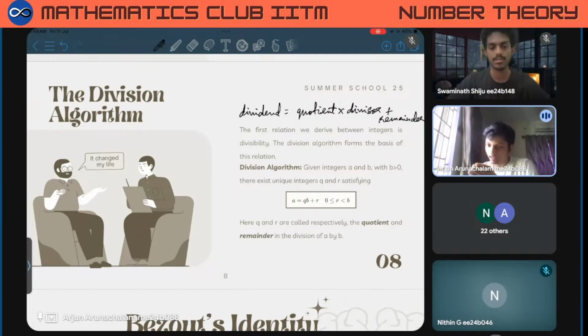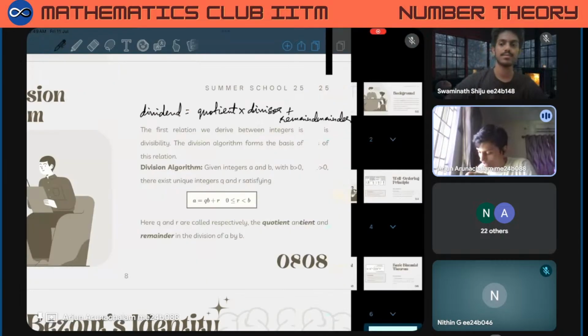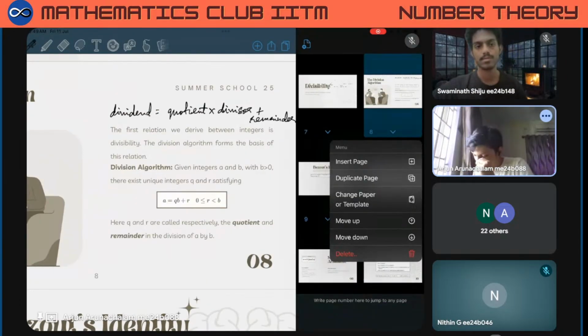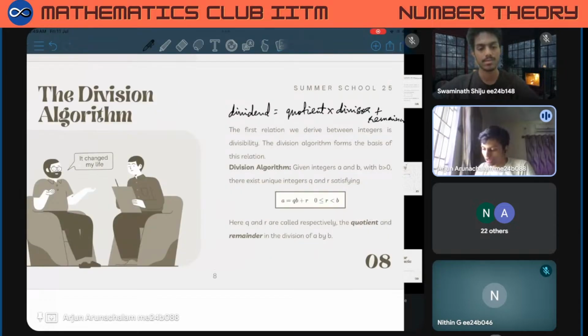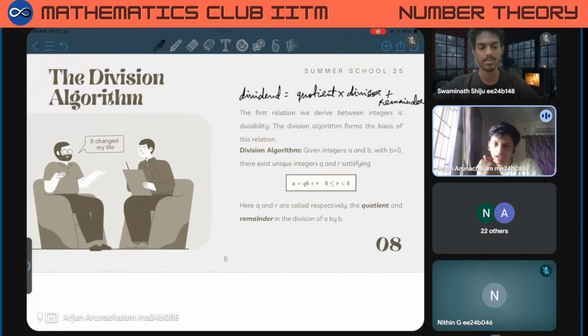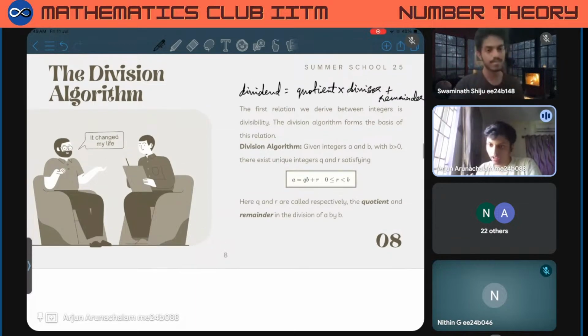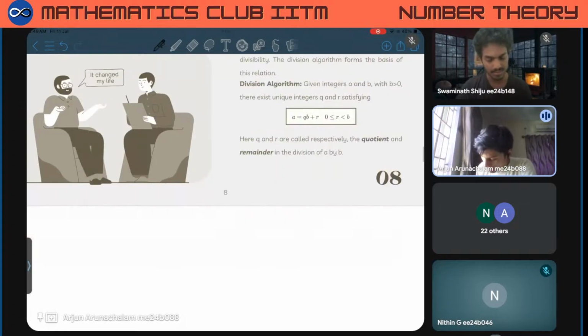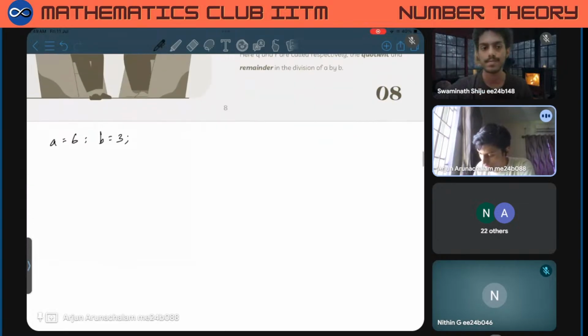Basically, it states that given any two integers a and b, you have two unique integers q and r such that a is qb plus r. We will prove the uniqueness and the existence of such a thing using the well ordering principle that Swami taught you all. For example, let's say a is equal to 6 and b is equal to 4, right?